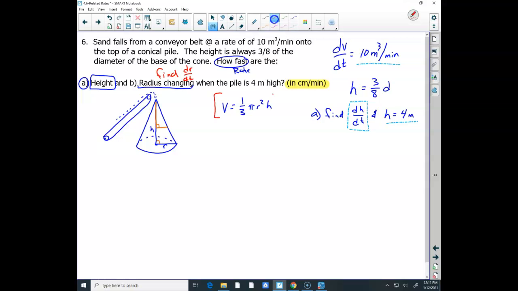And if I came here right away, which we're not going to do, if I took my derivative with respect to time, okay, number one, I got a product in here. The product isn't the big deal.